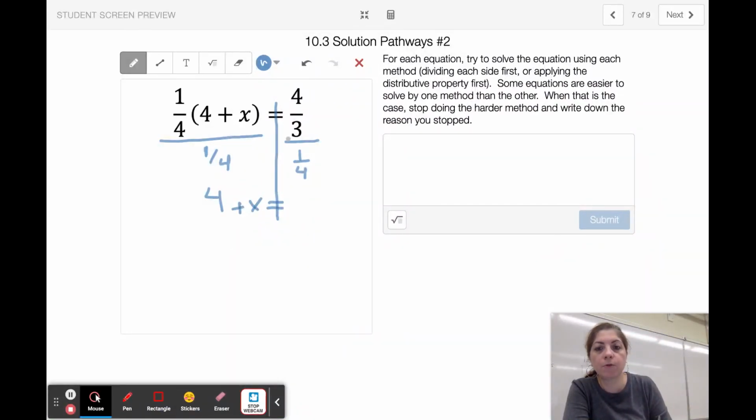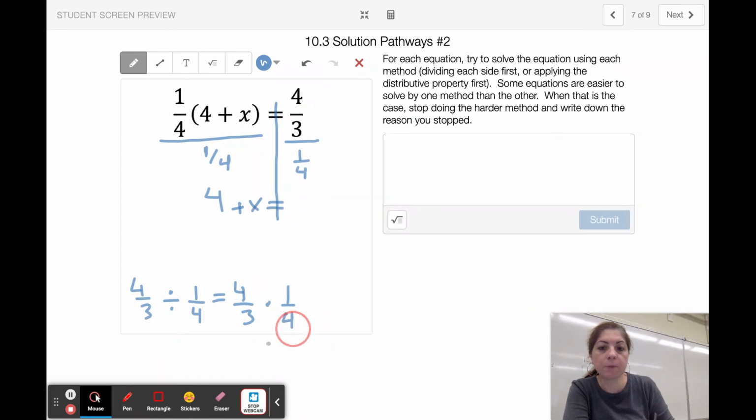Now you have to do 4/3 divide by 1/4. So 4/3 divide by 1/4. I'll do it here and then I will erase it so I have the space to use. If you remember dividing fractions, you have to do 4/3 times 1/4.